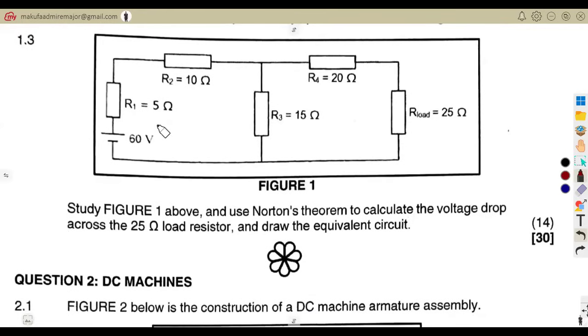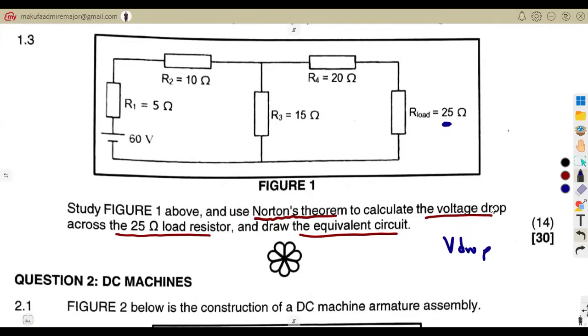Study Fig 1 above. We are supposed to study this and use Norton's theorem to calculate the voltage drop across the 25 ohm load resistor and draw the equivalent circuit diagram. So in order for us to have the voltage drop, we must first calculate the current flowing, using our Norton's theorem.